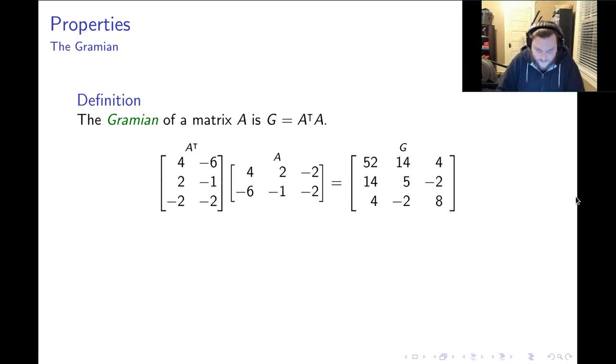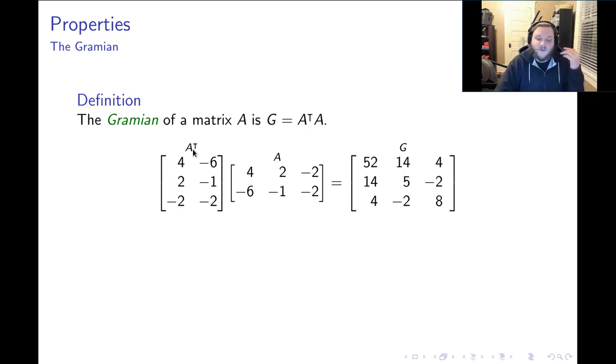So here we have an example of a Gramian calculation. Let's say that the matrix A that we're starting with is this 2 by 3 matrix, where the columns are 4, -6, 2, -1, -2, -2. Well, the matrix here is 2 by 3. When we transpose, we get a 3 by 2.